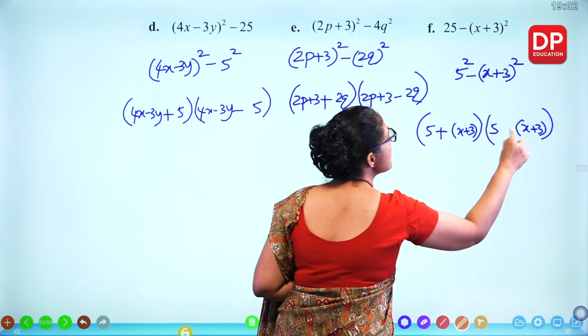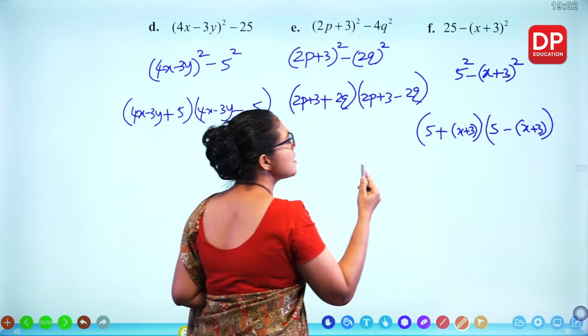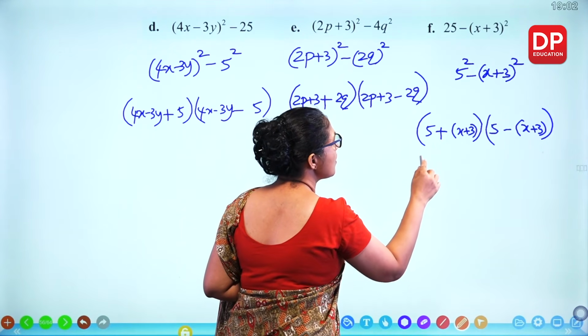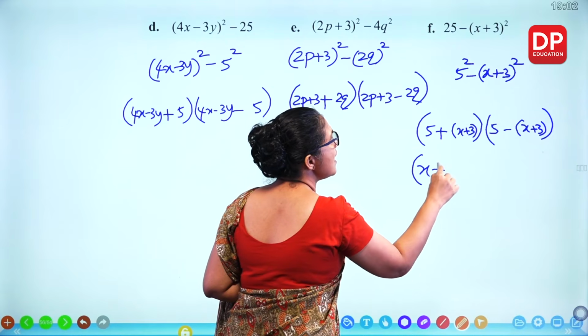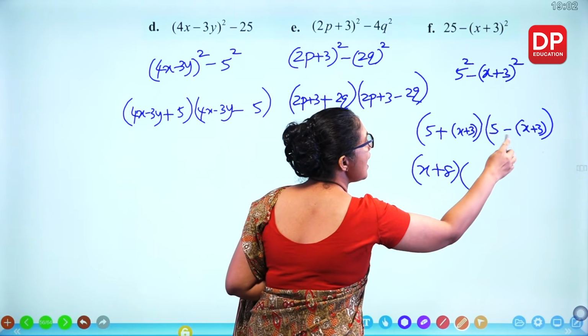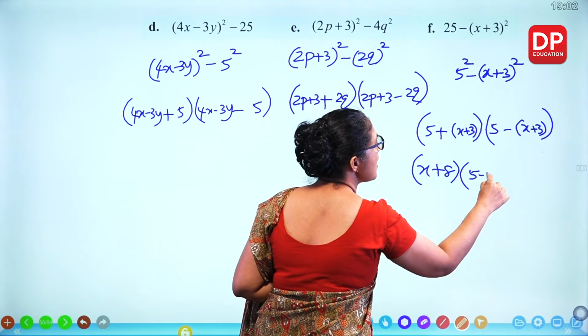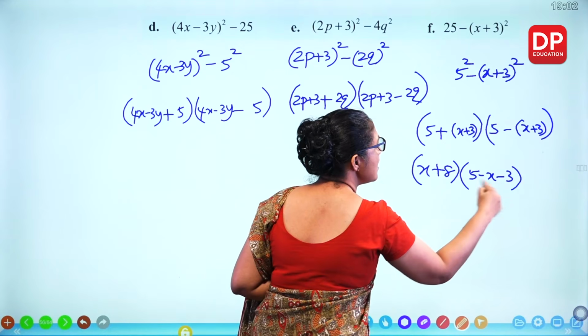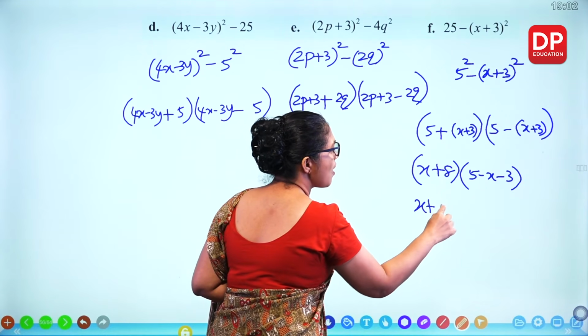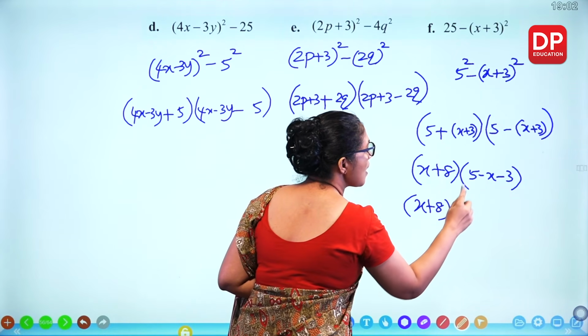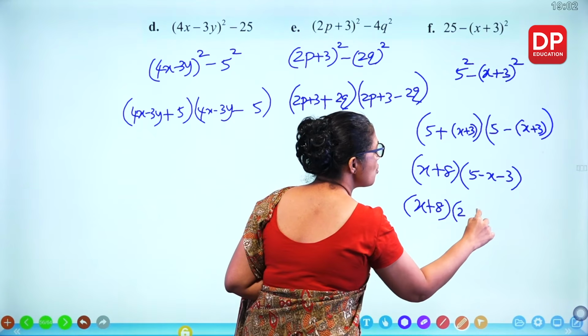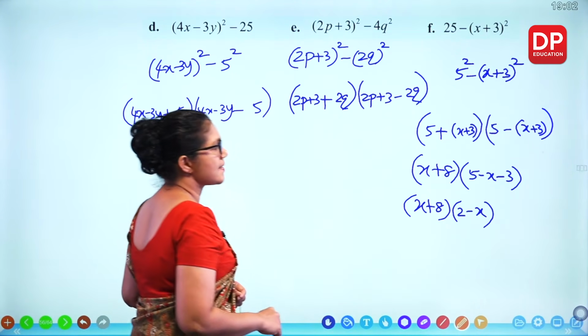First one is positive, second one is negative. So try to simplify. You can simplify as x plus 8 and what you get here is 5 minus x minus 3. So that means you are getting 5 minus 3 is 2, 2 minus x.